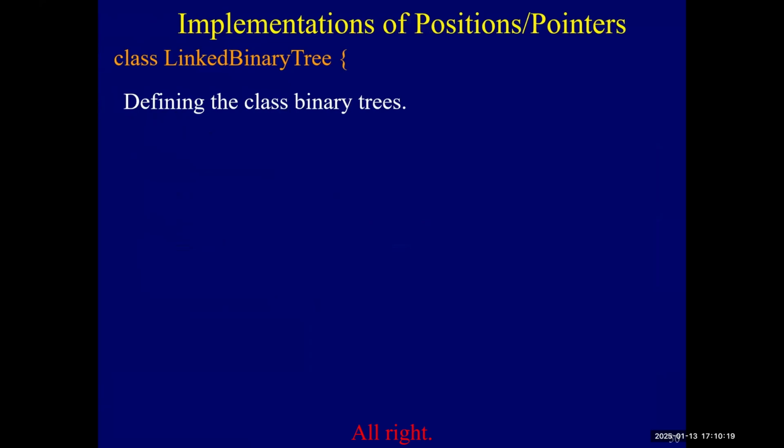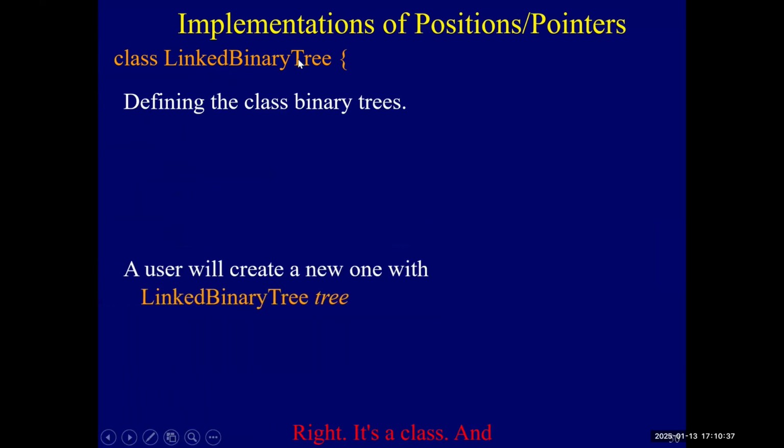All right, so now I guess we're moving over to positions and binary trees. So this is going to be a linked binary tree, right? It's a class. And we're just defining this object for when some user wants to use it. They call this.